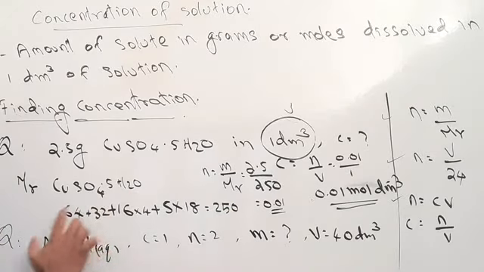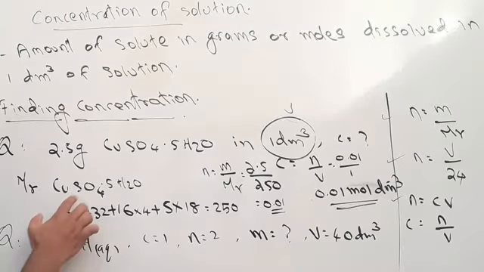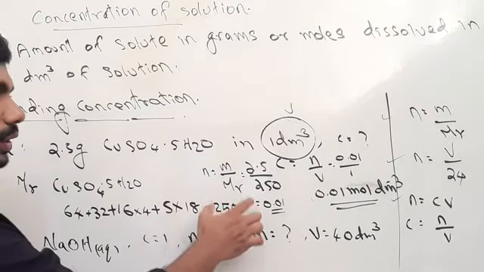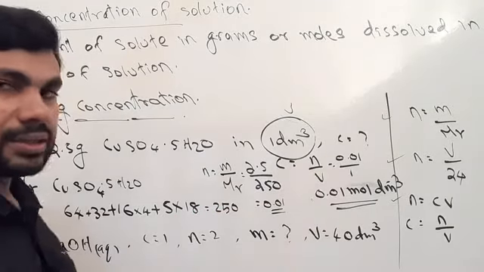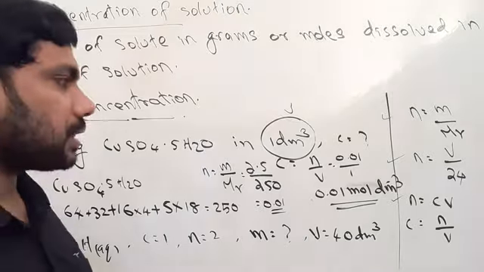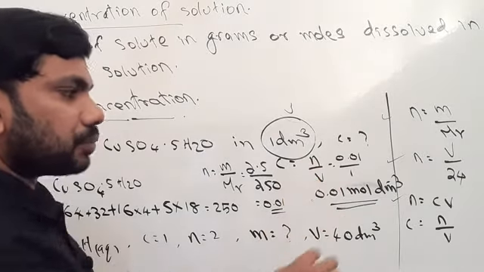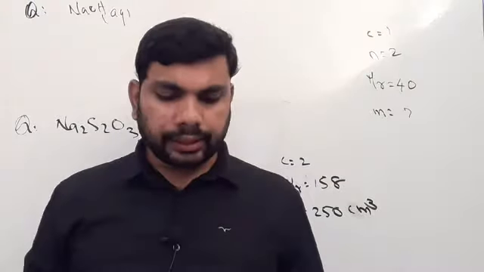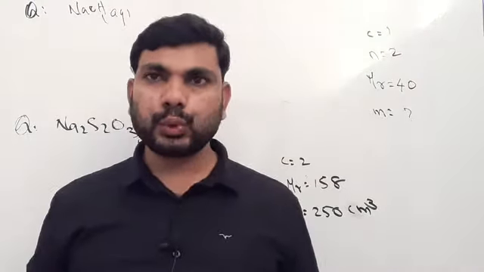The molecular mass of hydrated copper sulfate is 250: copper 64, sulfur 32, 16 times 4, 5 times 18, giving 250. So we get 0.01, and the concentration is 0.01 divided by 1. So the answer is 0.01, number of moles divided by volume, so mole per decimeter cube. Okay, next problem, we have sodium hydroxide solution.